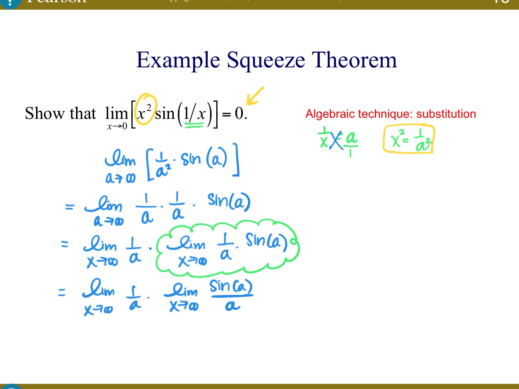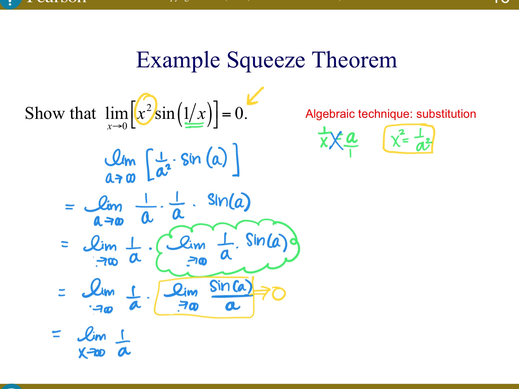The limit as x approaches infinity. We proved it yesterday with the sandwich theorem, and we proved that this value itself is equal to 0. So then that would give me the limit as x approaches infinity of 1 over a. Oh my goodness, I just realized all this time I've been writing x approaching infinity instead of a approaching infinity.